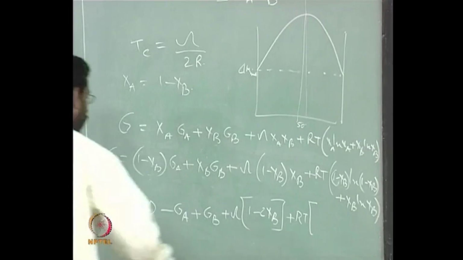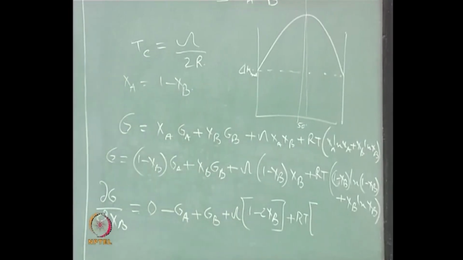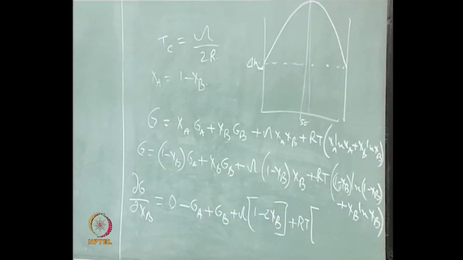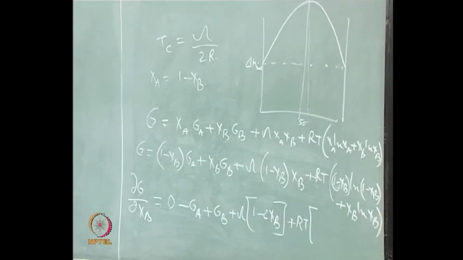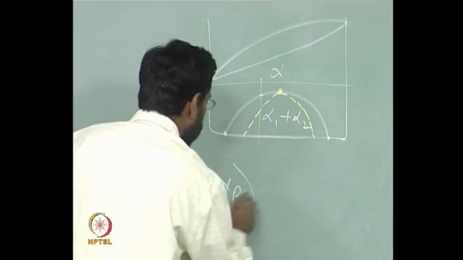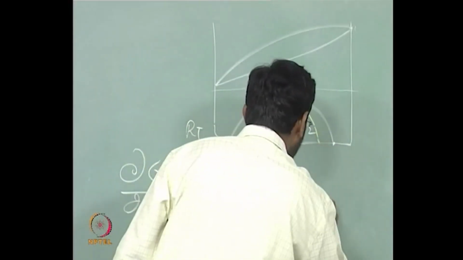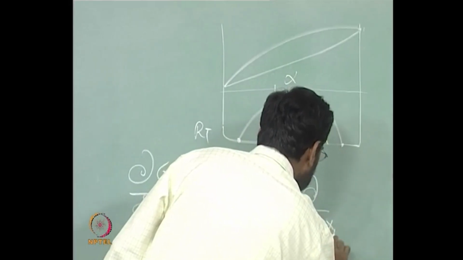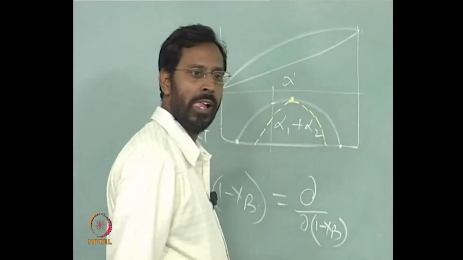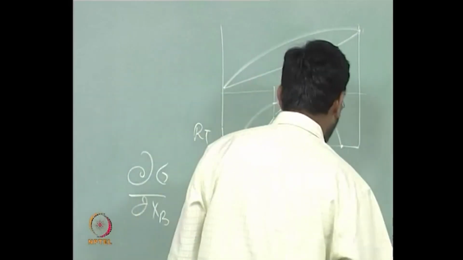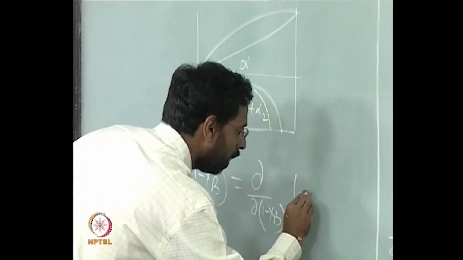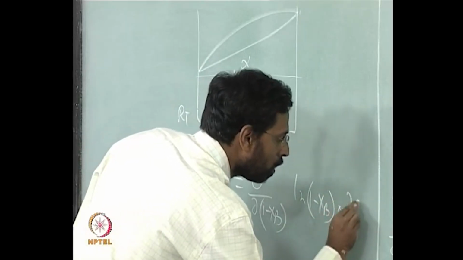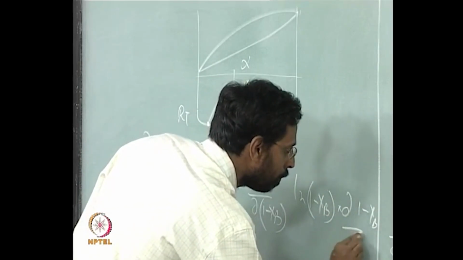The way we can easily do it, whenever you want to do dou by dou x b of ln 1 minus x b, you can simply write it as dou by dou 1 minus x b of ln 1 minus x b into dou 1 minus x b by dou x b.